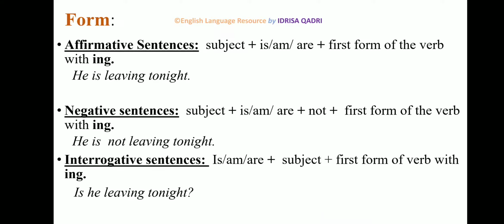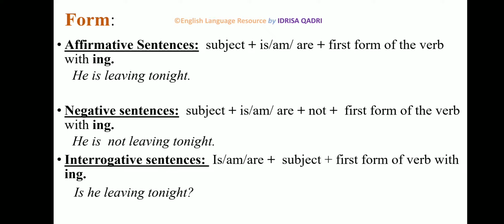In order to know the form of present continuous tense, again we have affirmative sentences with the structure subject plus is, am, are plus first form of the verb with ing. For example, he is leaving tonight. In negative sentences, we have subject plus is, am, are plus not plus first form of verb with ing.